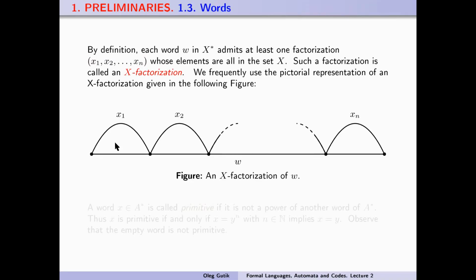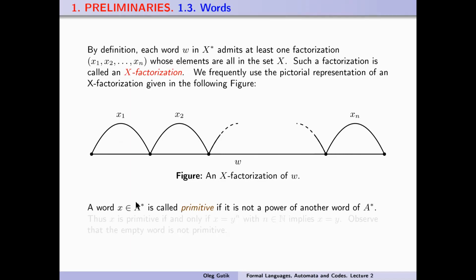So what is it? First the word x1, x2, and so on, xn, as usual. And the word w is equal to the word x1, x2, and so on, xn.